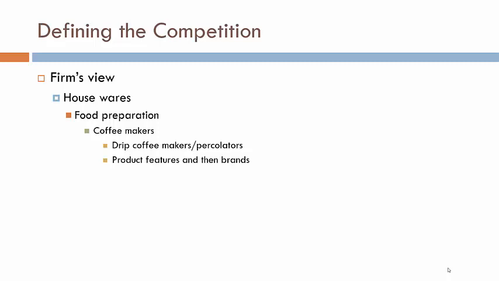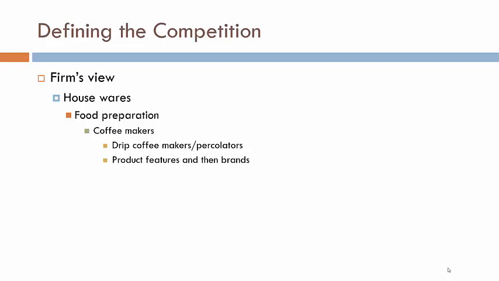At a very high level, a manufacturer of a drip coffee maker like Mr. Coffee might think of manufacturers of home appliances as the industry, and within that, manufacturers of food preparation appliances such as blenders and food processors are closer competitors.